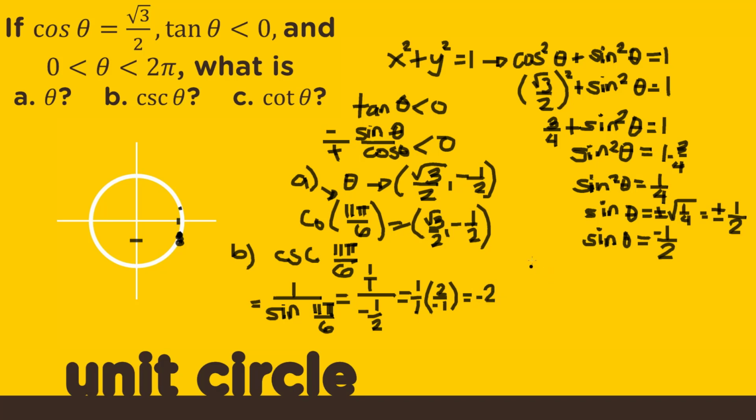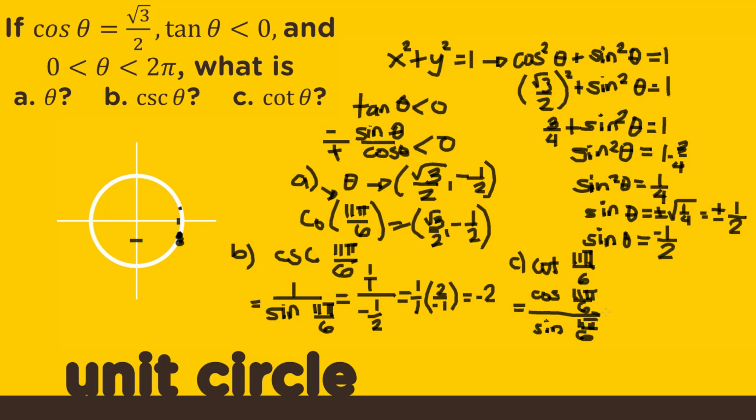Let's proceed to our last, which is the cotangent of 11 pi over 6, or cotangent of theta. We already identified it's 11 pi over 6. Since we don't have tangent yet, cotangent is just cosine 11 pi over 6 over sine 11 pi over 6.